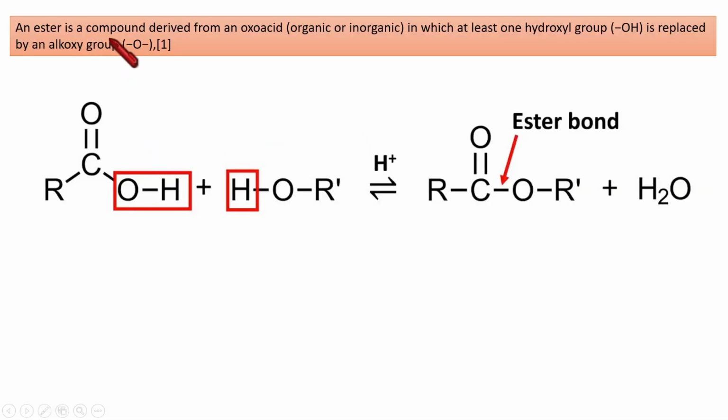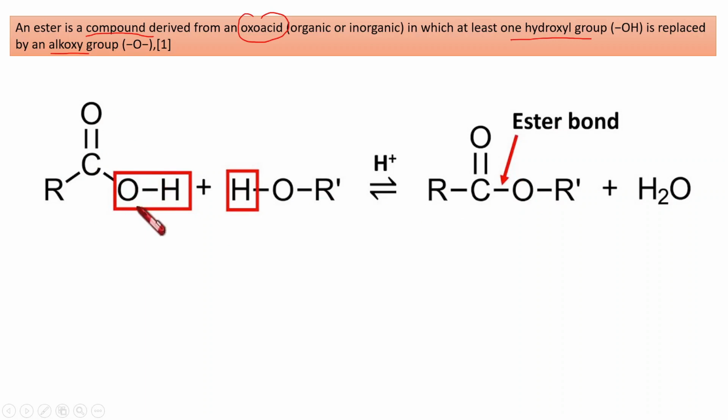Esters are certain organic compounds, derived from oxo acid. Oxo acid means oxygen containing acid. In that acid, one hydroxyl group is replaced by an alkoxy group, and then an ester is formed. So here this one is the oxo acid.